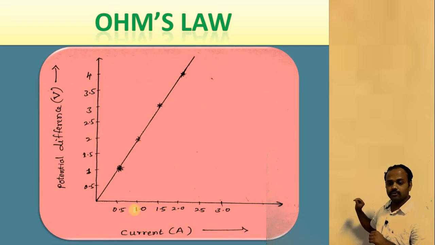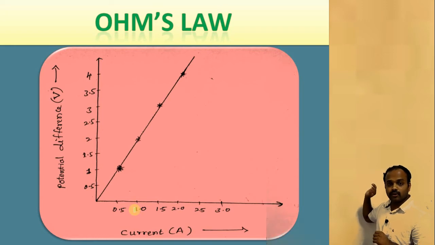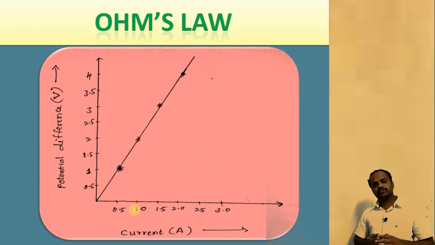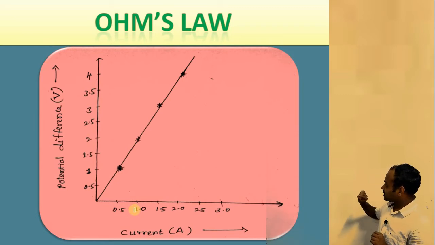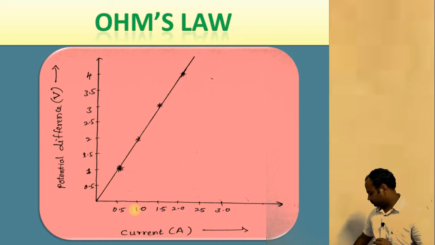For 0.5 ampere we have 1 volt potential difference. For 1 ampere we have 2 volt, for 1.5 ampere we have 3 volt, and for 2 ampere we have 4 volt potential difference. The line is a straight, linear line.